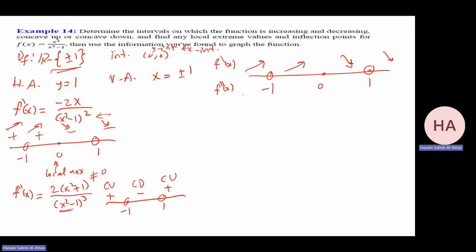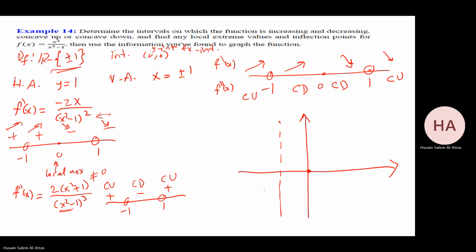This one is concave up to minus 1, then concave down, and this is concave up from 1. So now I graph the function. I'll put everything now. Intercept, I have (0, 0). I have a vertical asymptote at minus 1, a vertical asymptote at 1, and a horizontal asymptote y equal 1.